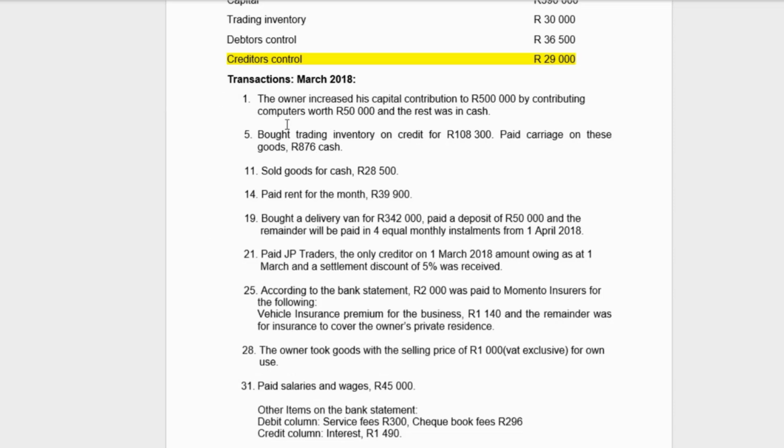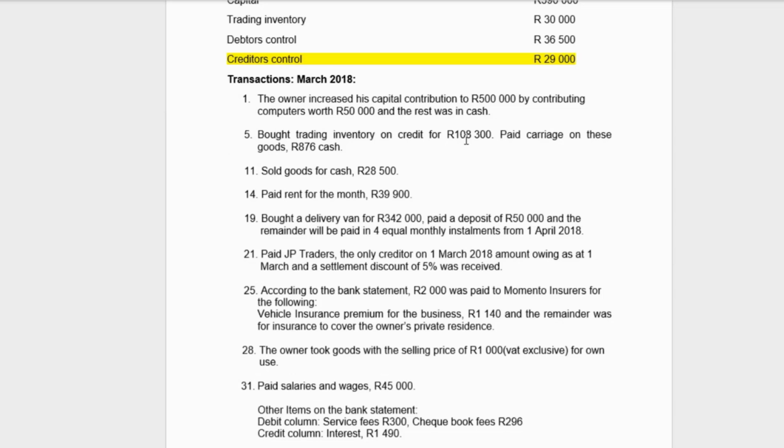Transaction A and B here, actually, right? So number 1, we bought trading inventory on credit. 2 accounts are affected: creditors control and inventory.